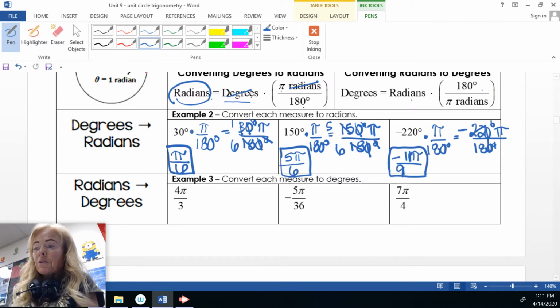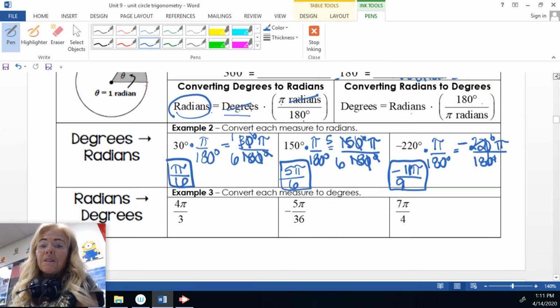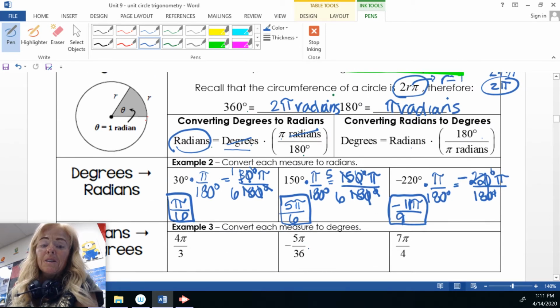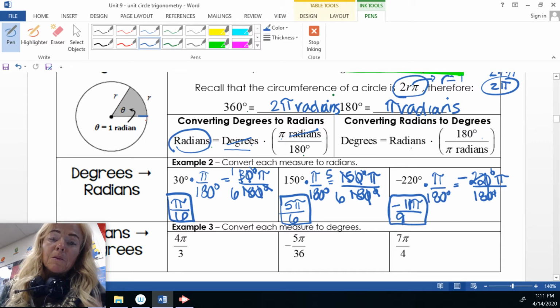Now, I did want to show you one little thing here, and that is what are all these little pi over 6 and 5 pi over 6 and negative 11 pi over 9. Now, we know that as we're moving along, right here is pi in radians. That's pi right there, right?